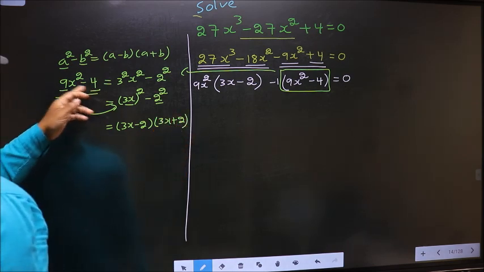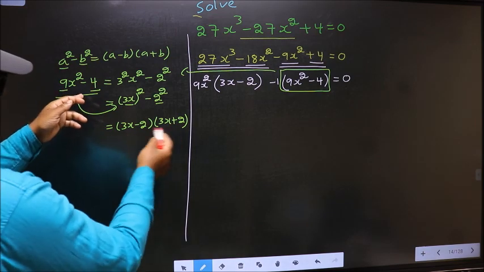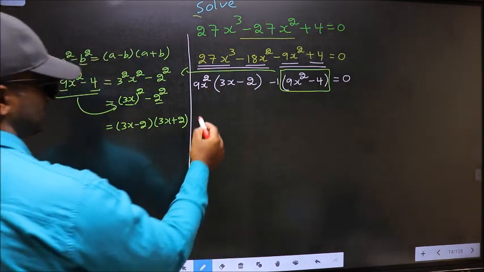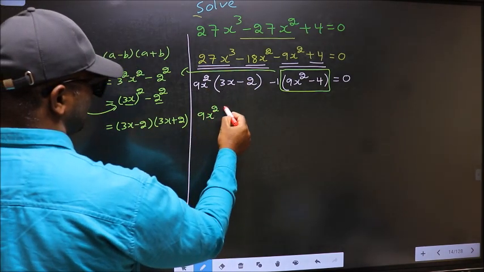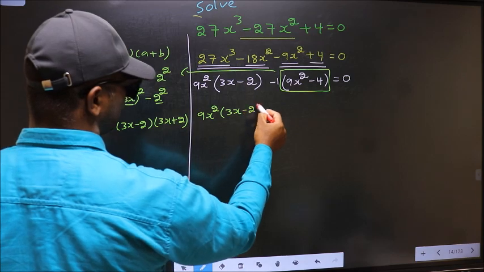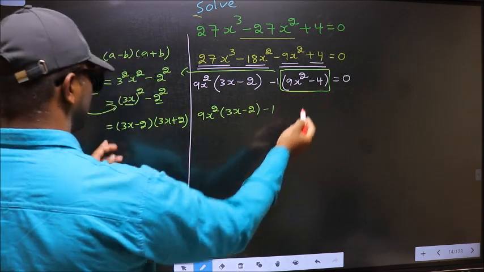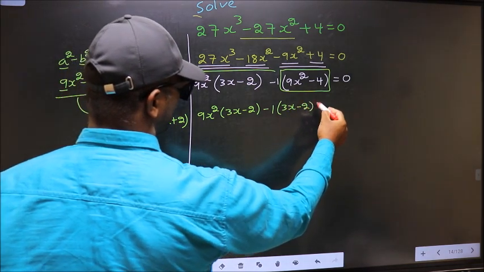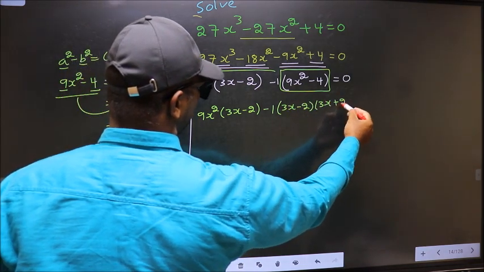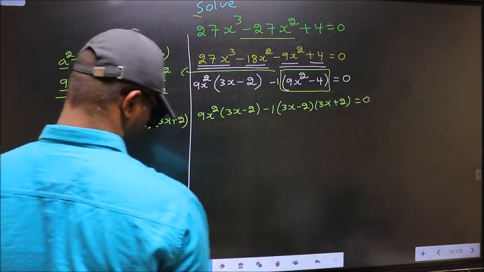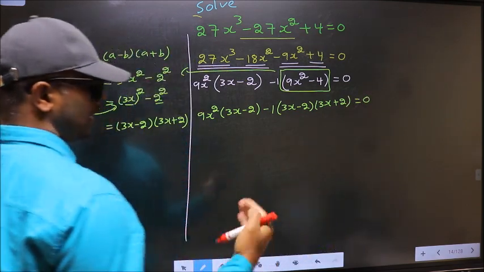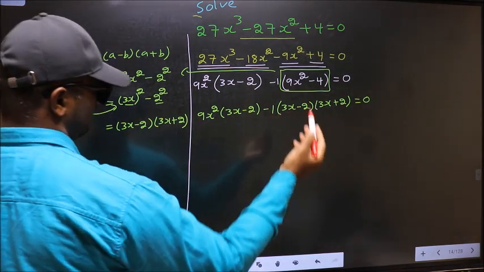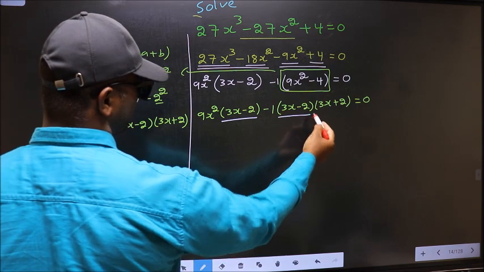Now in place of this quadratic we should write this over here. So this equation becomes 9x square times 3x minus 2, minus 1 times 3x minus 2 times 3x plus 2 equal to 0. Next, what can be taken out common from this equation is 3x minus 2.